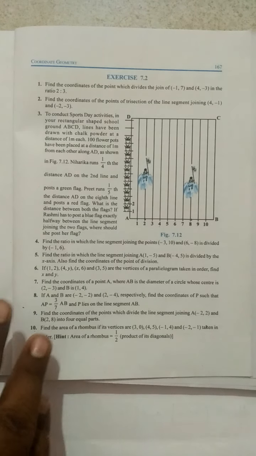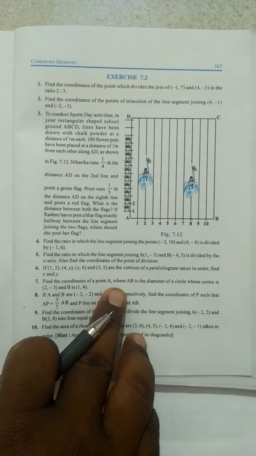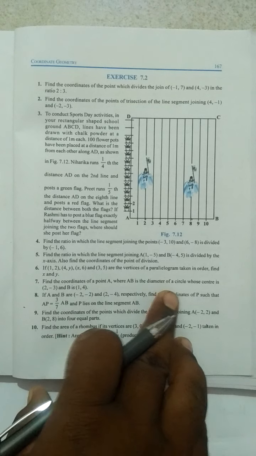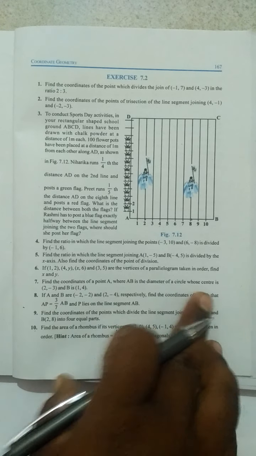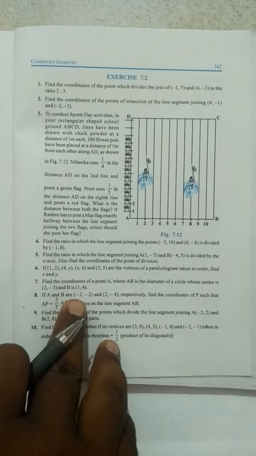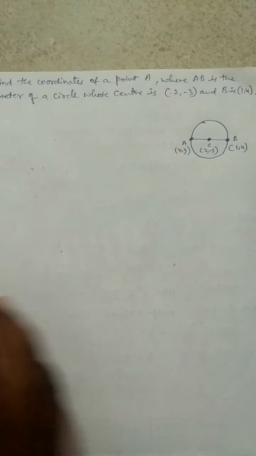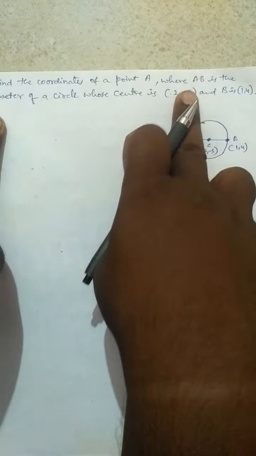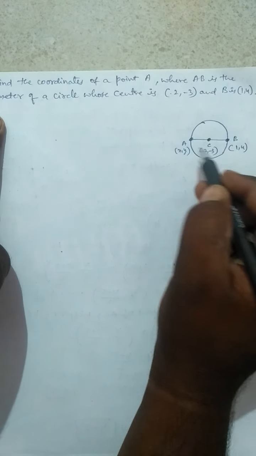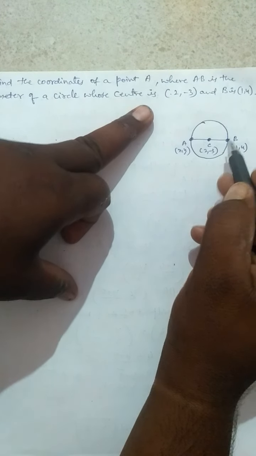Now we have to go for the 7th problem. Find the coordinates of a point A where AB is the diameter of a circle whose center is (2, minus 3) and B is (1, 4). Now in this solution, AB is the diameter of a circle. Here I considered one circle whose center is (2, minus 3).